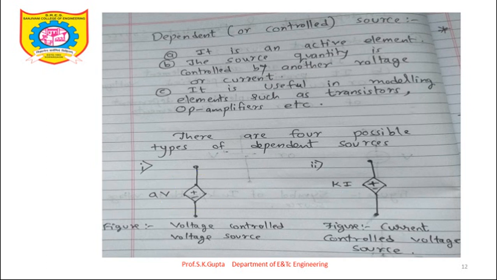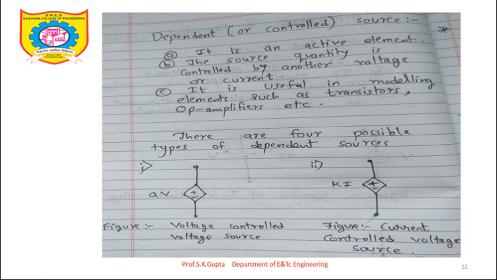Third point, it is very useful in modeling certain elements such as transistors, op amps, etc. Transistors and op amps have models, and in that modeling we use dependent sources.